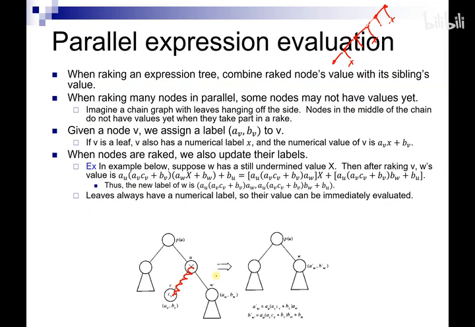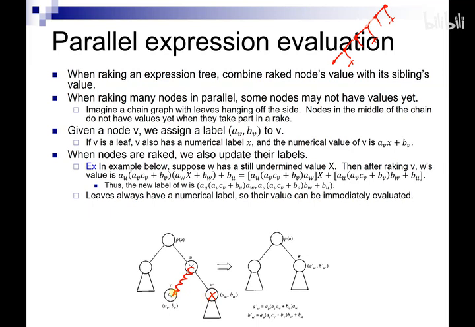Now suppose that for this node W, we actually don't know its numerical value yet. Therefore we're just going to represent its value using some x over here. So its actual value is going to be equal to AW times x plus BW. But the problem is that we don't know what x is.